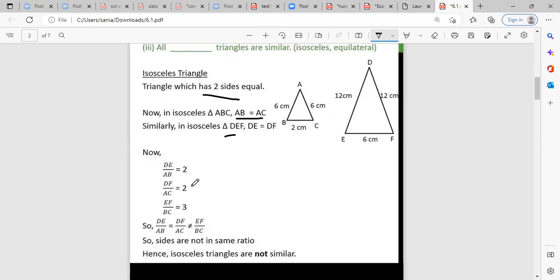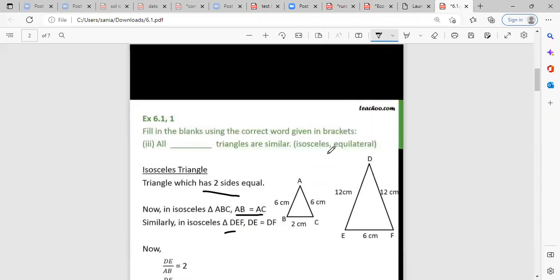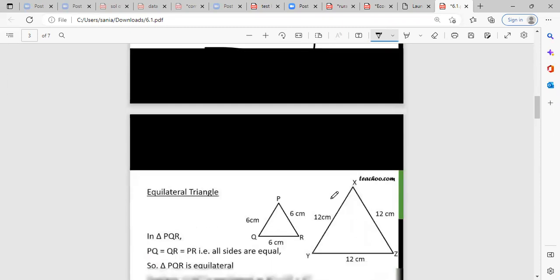When you divide it into the same ratio, you will get this. So sides are not in the same ratio. Hence, isosceles triangles are not similar. But equilateral triangles, you can say, ma'am, they are equal, right? Everything is equal over there, 12 to 12, 13 to 13, like this.